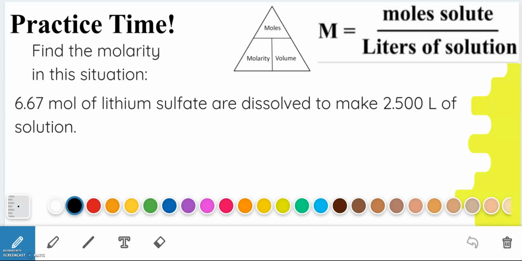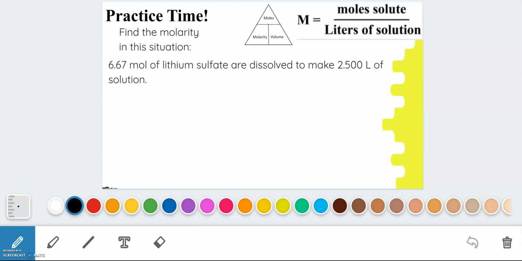Looking at our next problem, again, we have our equation up here, moles of solute per liters of solution. So 6.67 moles of lithium sulfate are dissolved to make 2.500 liters of solution.